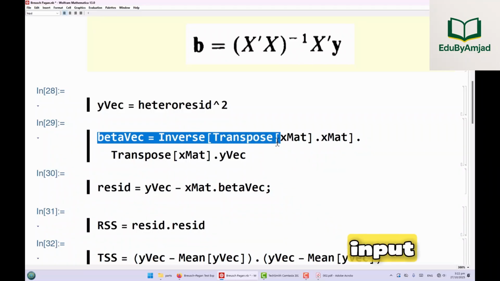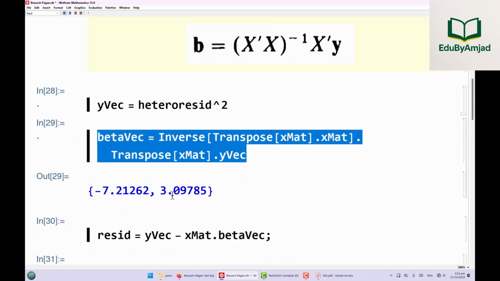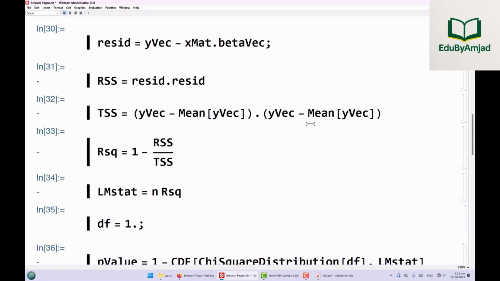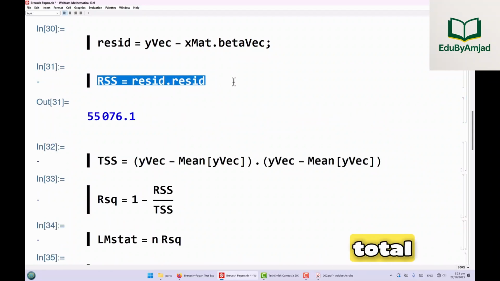Now, we input the matrix formula to estimate the beta vector. We'll need the coefficient of determination from this auxiliary regression to compute the Breusch-Pagan test statistic. So, we calculate the residual sum of squares and the total sum of squares.